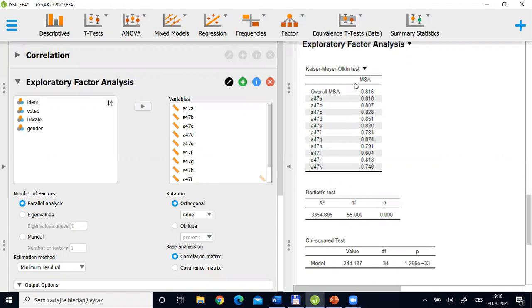Can you see some value below 0.5 or not? Is there some space for omitting some variable? No. Okay, so in this first step, there is no reason to omit any of these variables. So I will keep all these variables for the next solution.